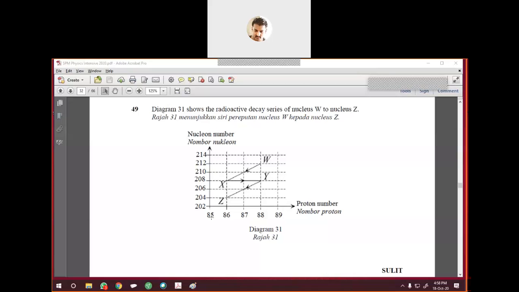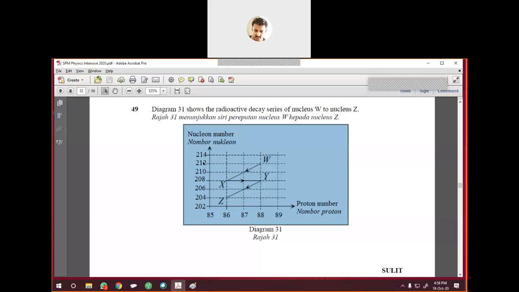If we look at W, the nucleon number is 212, and then the proton number is 88. You look at this dot here. From here to here is 212, from here to here is 88, and then it eventually becomes X, which is 208, 86.